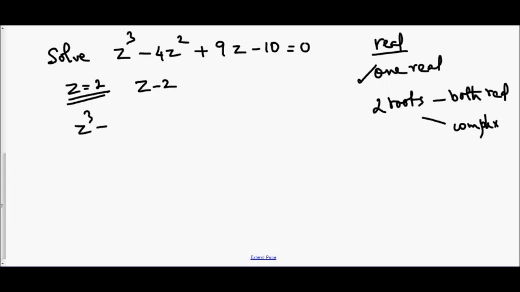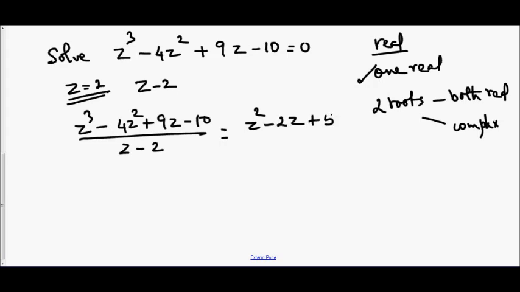So what you need to do is divide the given polynomial by z minus 2, and you'll get a quadratic, which is z square minus 2z plus 5, and you need to solve this.